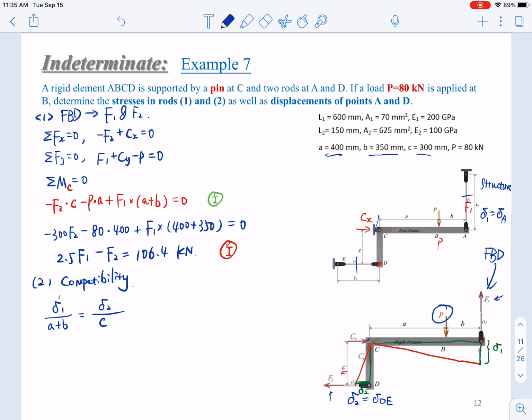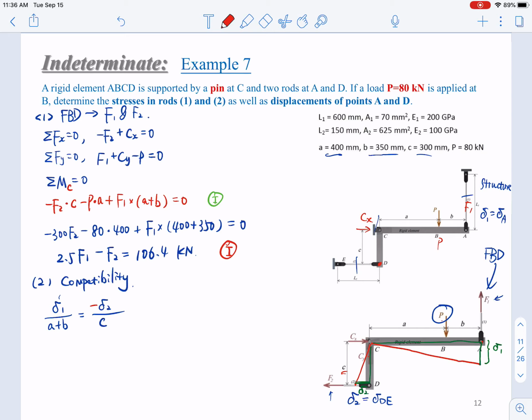However, here we have something to take into account. Right? We may need to add a negative sign to it. Because delta 1 is a positive number. Right? Because when you add this P downward, this rod 1 will be stretched. Right, so delta 1 is positive, but delta 2 is negative. Right, delta 2, the DE will be compressed.